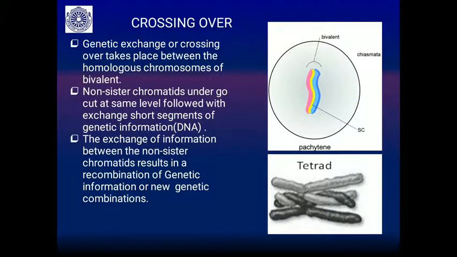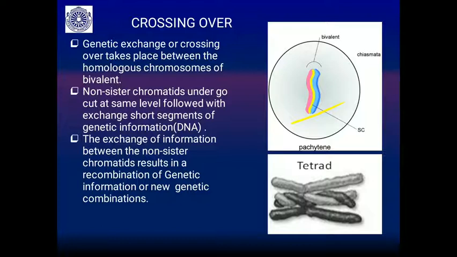During meiosis, crossing over takes place between homologous chromosomes of the bivalent, which occurs during pachytene. That means the homologous chromosomes now look like one unit, a bivalent having two chromosomes. The four chromatids form a tetrad, in which you can see two non-sister chromatids and two sister chromatids.